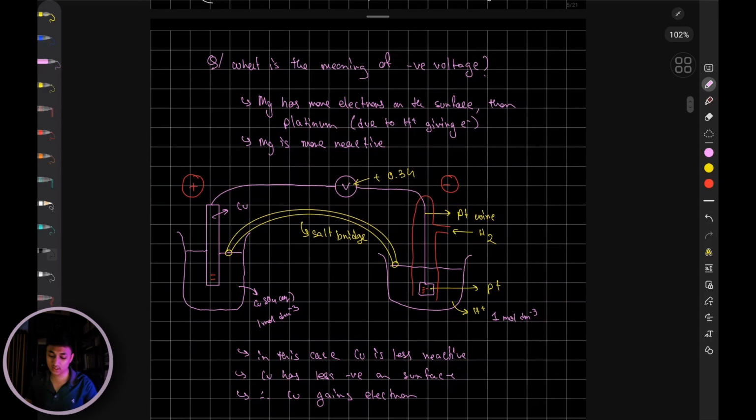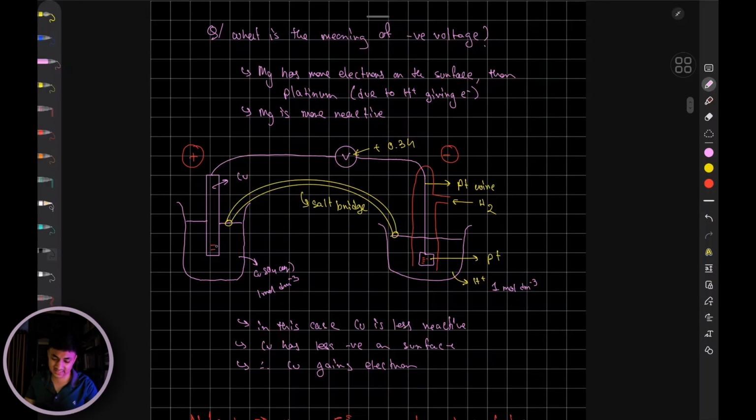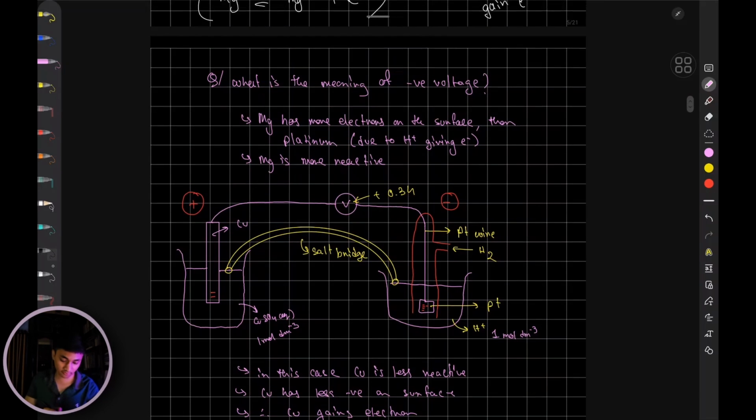However, why is the electrode potential positive in this case? That is due to the fact that there is a less amount of electron accumulation on the copper electrode, because less amount of copper is dissociating into the solution. That is why it has a more positive electrode potential, because it is gaining electrons from the hydrogen and hydrogen ion half cell.